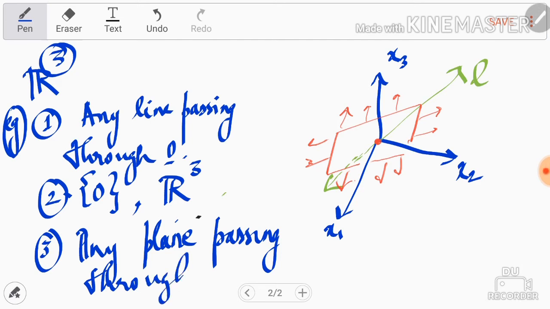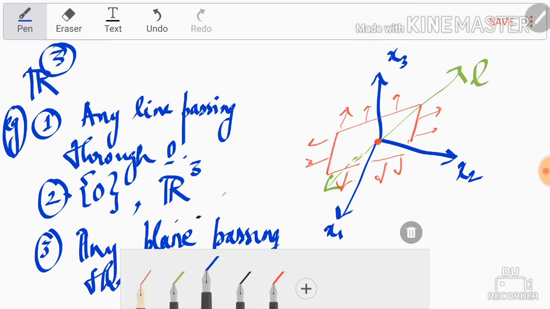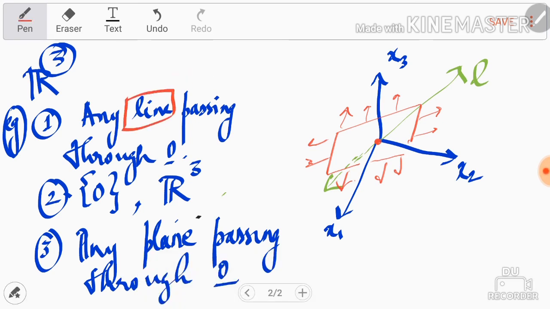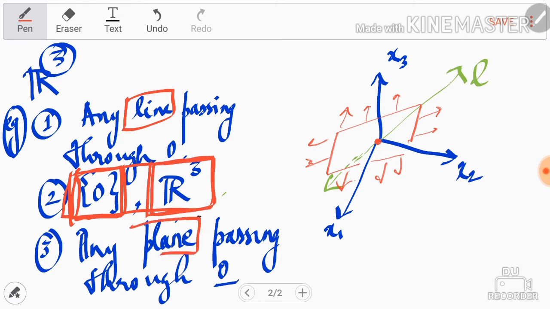One is any line passing through the origin. The second one was the 0 space. The third is the entire space, and the fourth one is any plane passing through the origin.